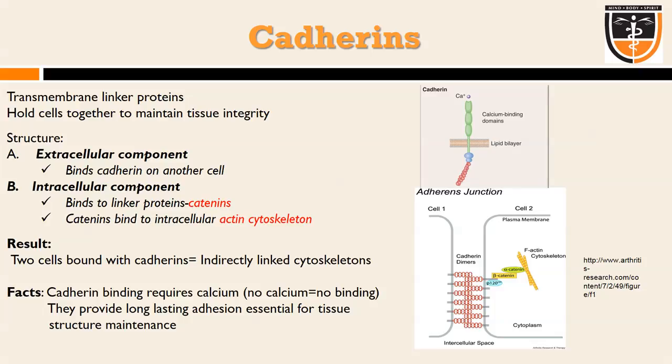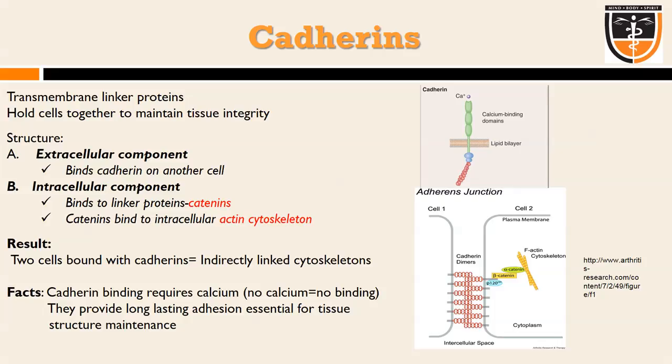And they have an intracellular component, blue at the bottom, and they actually bind to linker proteins known as catenins, and these catenins will actually bind to the actin cytoskeleton.